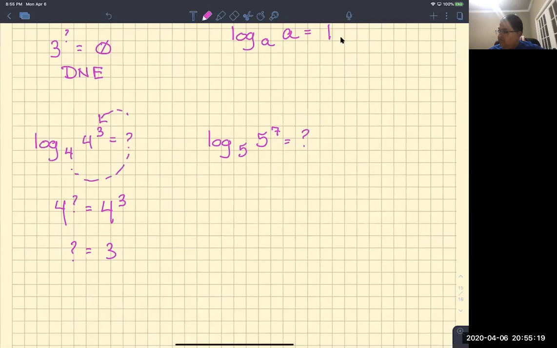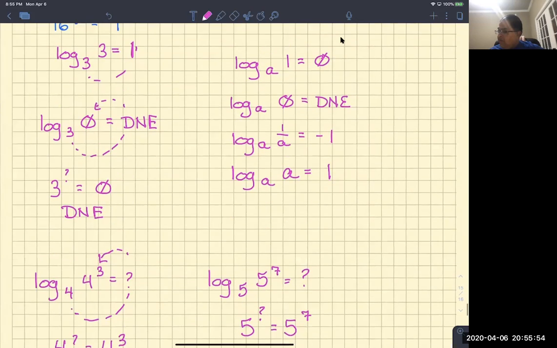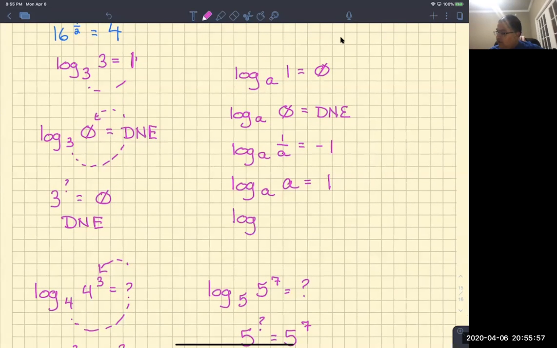Let's rewrite it: 5 to what exponent gives me 5 to the 7th? Well, obviously it is 7. Last one. Log base 8 of 8 to the 91st power equals what? Well, 91. So that brings my other property: log base a of a to the n is n.